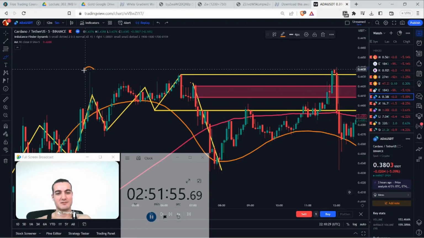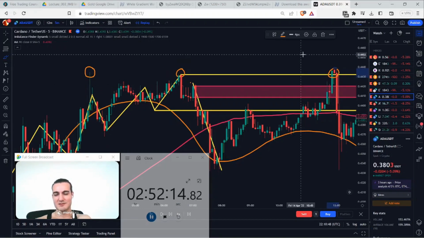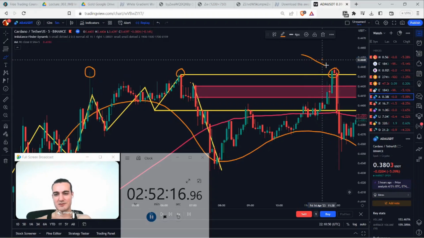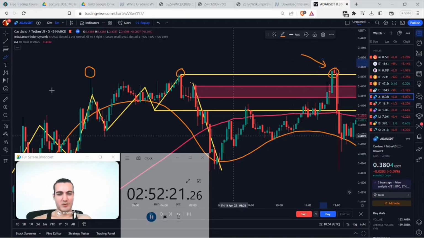Here we go. Look at that. Draw slower. Yeah. Here. Here. And here. Look at that. So maybe that's a liquidity grab. I'm not sure.